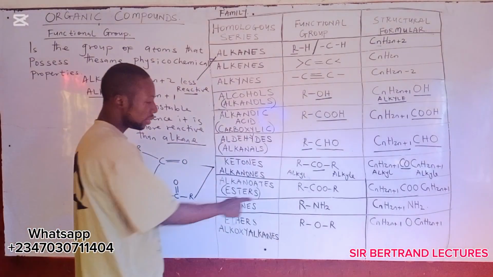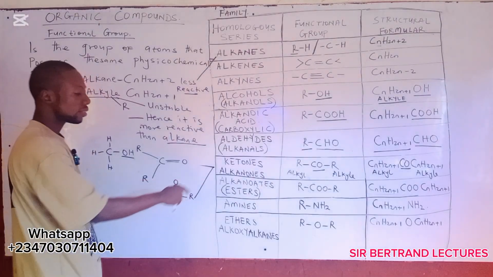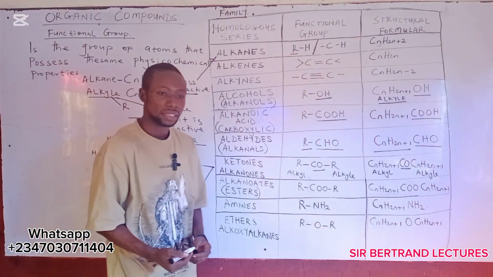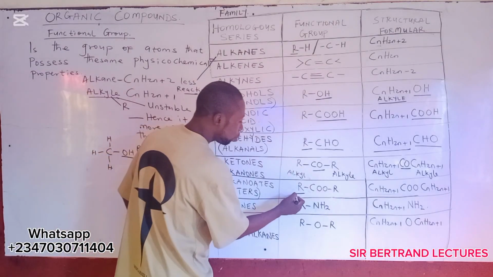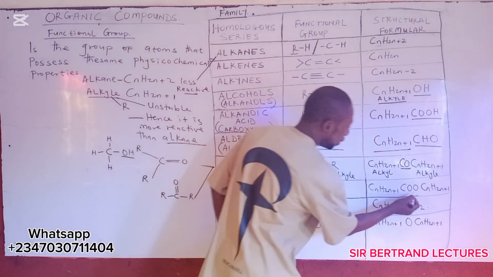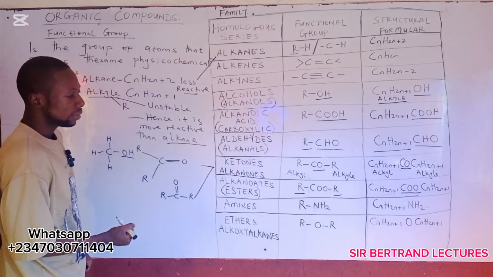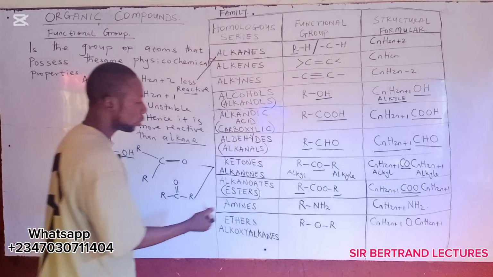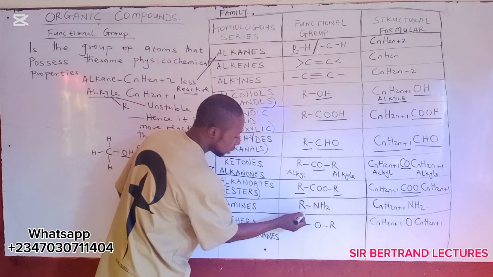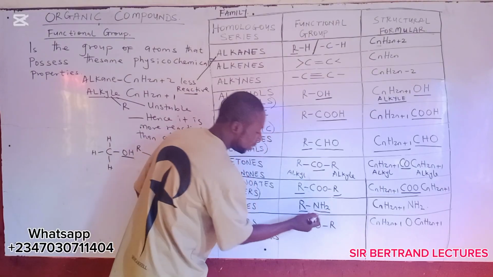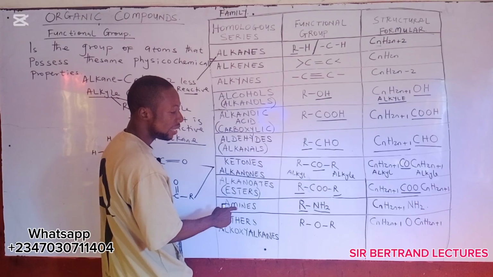Then the next is esters. The esters are also known as alkanoates. Here is the alkyl group, and here is the alkyl group. The group is the COO group. Then the next here is amines. Alkyl bonding with amine. This becomes the amines group.